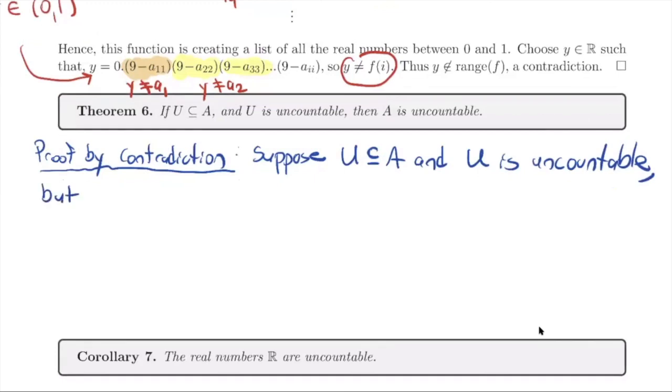So we assume that the hypothesis is true and the negation of the conclusion is true. In this case, we're going to suppose we have this uncountable set U, which is a subset of A, and A is itself not uncountable. I'm going to write it with a double negative there, but that's okay. And let's hope that we get some contradiction here.